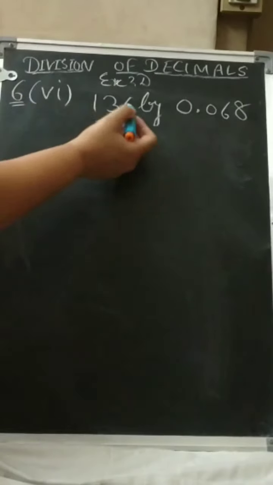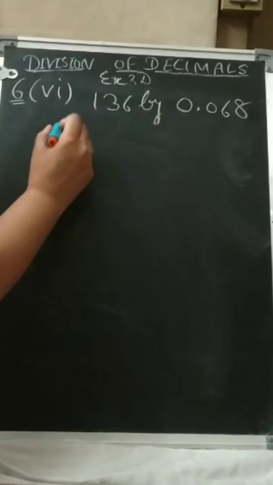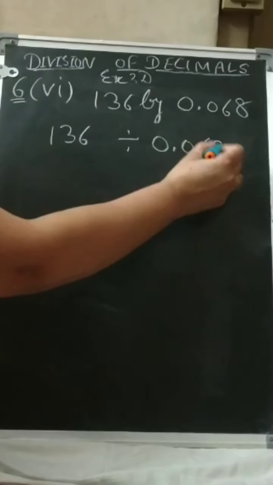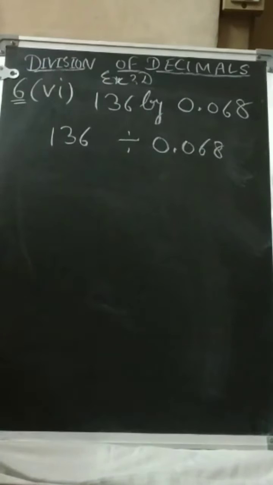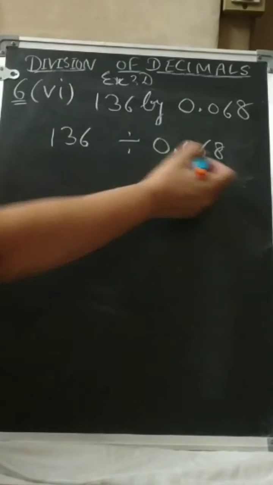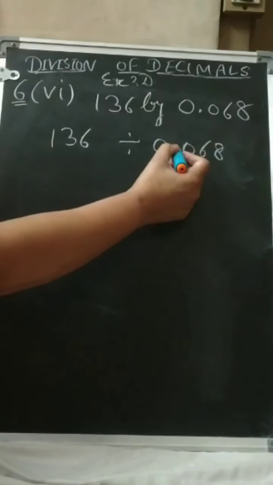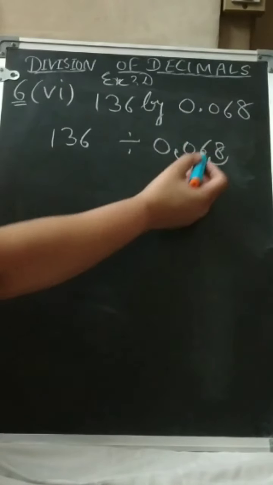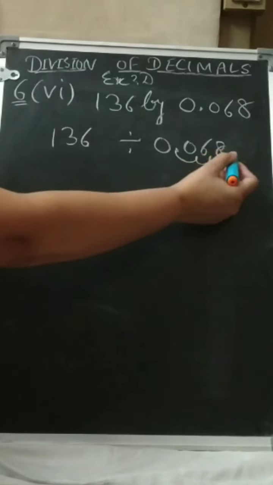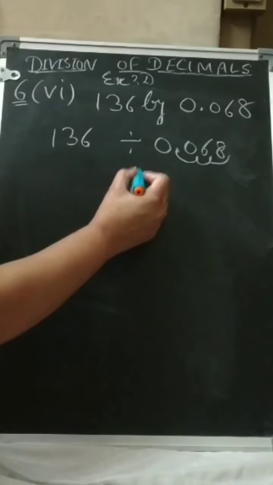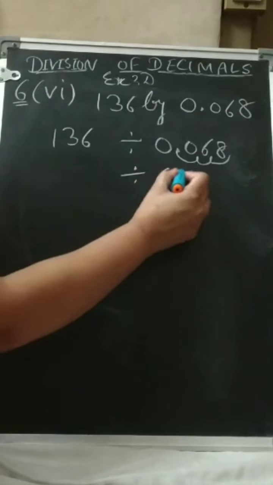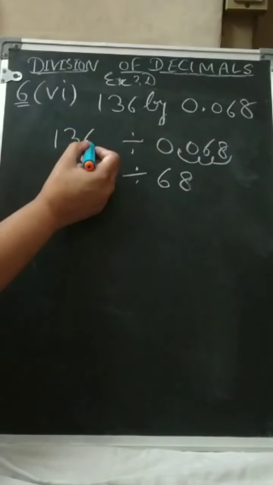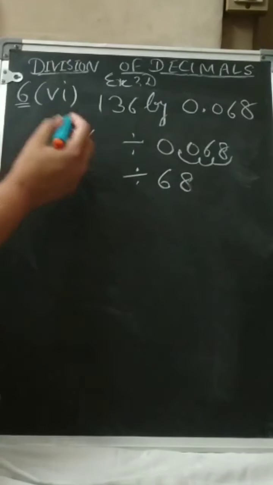Now sixth part, you can see 136 divided by 0.068. So let us remove the point from this divisor. How many steps do we have to move further? 1, 2, 3. If we move 3 steps further, then our point will be removed. This 68.0 will come, so it will come only 68. If we have moved 3 steps further in the divisor, then in the dividend also we have to move 3 steps further.